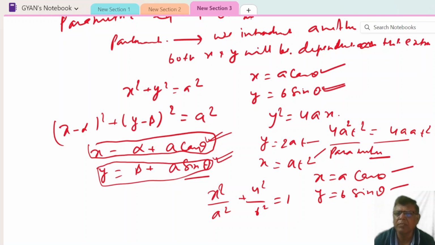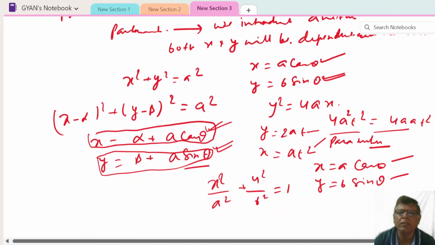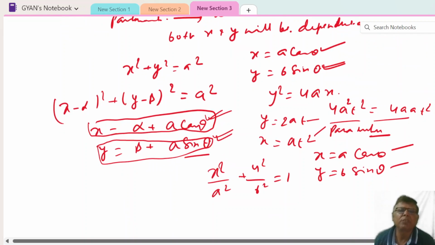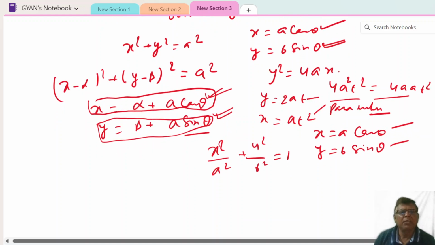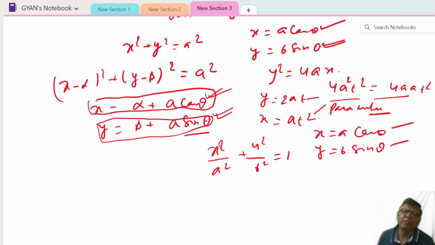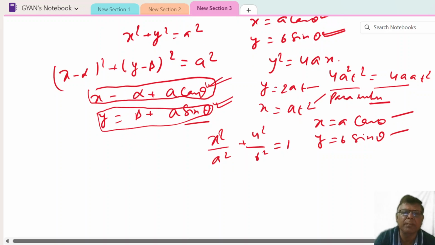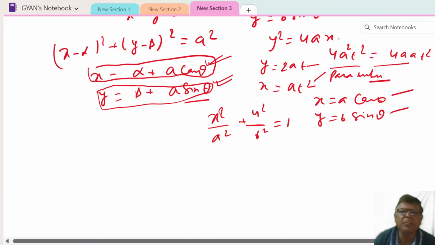So the parametric equation is very important to solve many questions, so that we'll see later. In circle, the parametric equation is not so important, but in parabola and ellipse it is very important. So when we study the parabola, we'll use this parametric equation extensively.